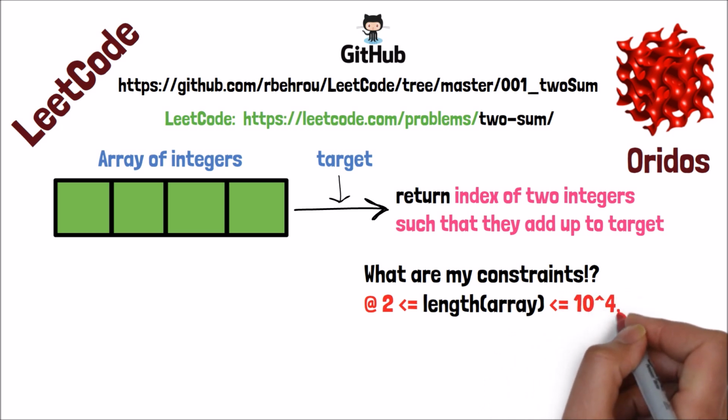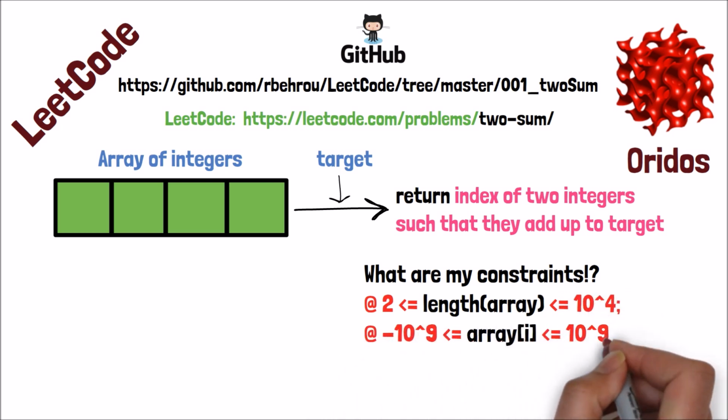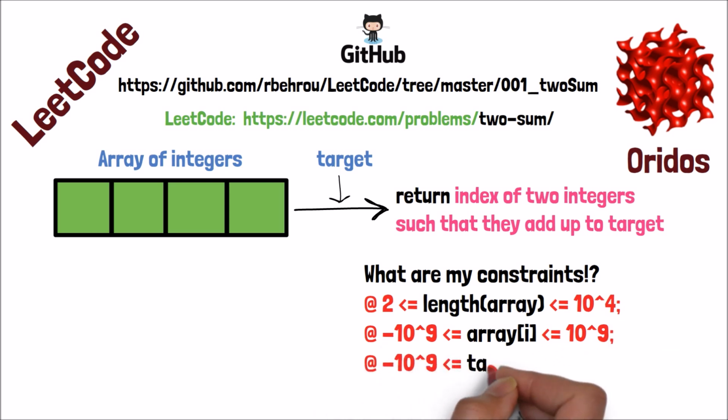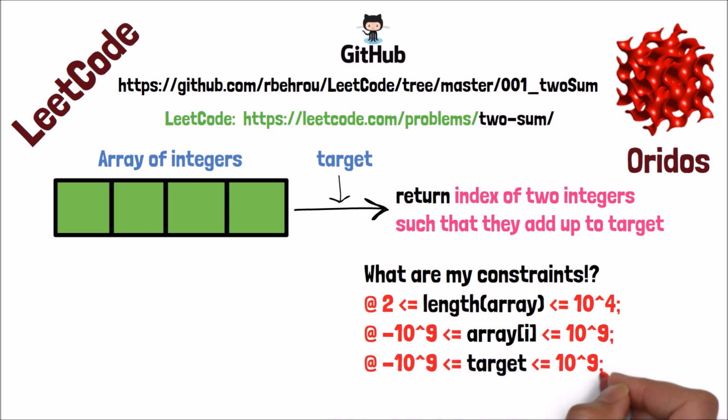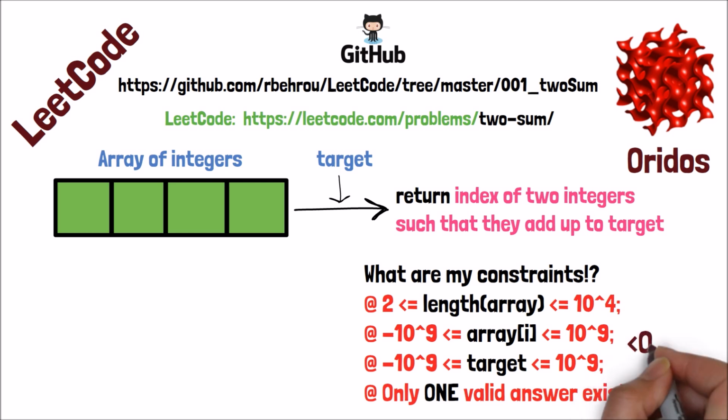The elements of the array must be between -10 to the power of 9 and 10 to the power of 9. The target integer is constrained between -10 to the power of 9 and 10 to the power of 9. There is only one valid answer. Finally, can we come up with an algorithm that is less than n squared time complexity?